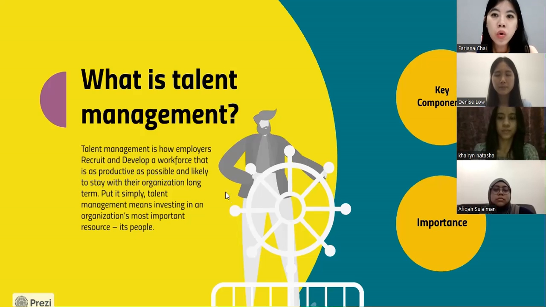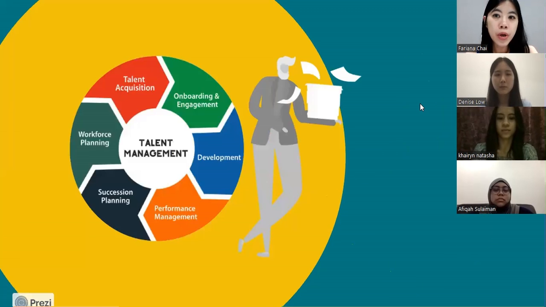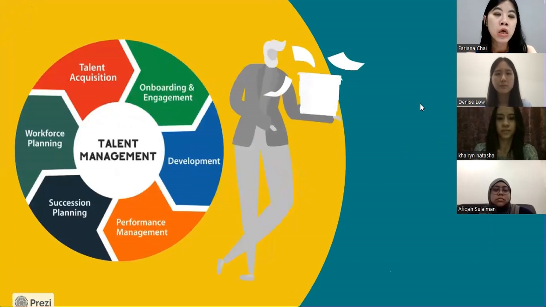Then we go to the key components of talent management, started by workforce planning, which is to set the required skills. The second is talent acquisition, which is to recruit the right candidates. After that, onboarding and engagement, which is to introduce the employees to the workforce culture and let them feel connected with the environment.